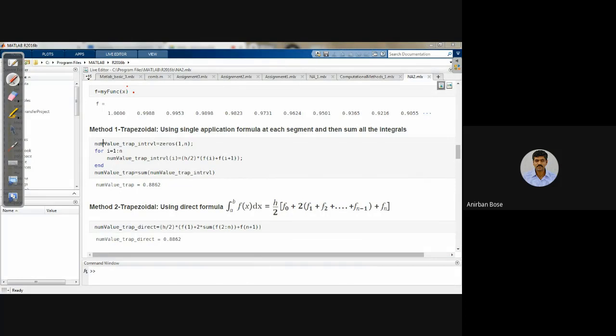We have considered one variable called num value underscore trap underscore interval, basically for the trapezoidal rule, and the interval, that means it contains the area of each interval. So this particular variable name indicates that, if this is the area, we want to calculate from a to b the area under that.